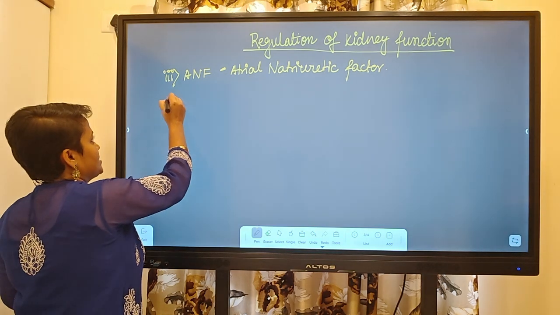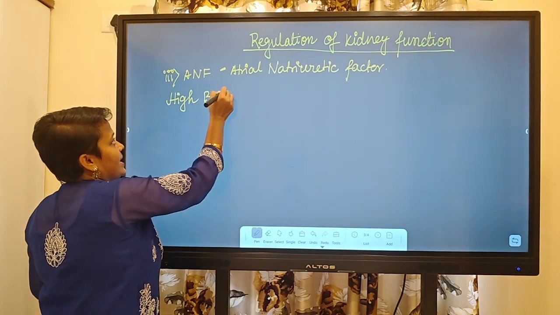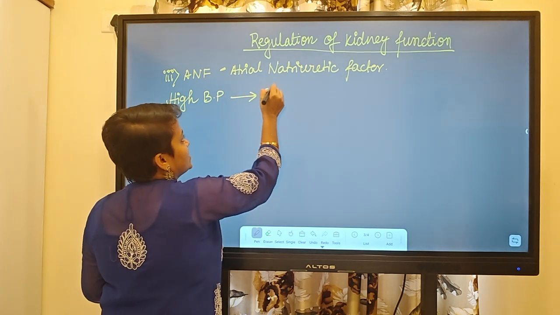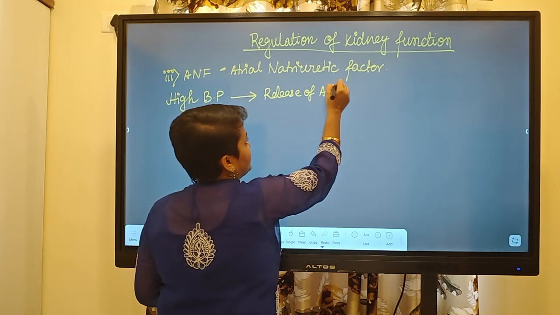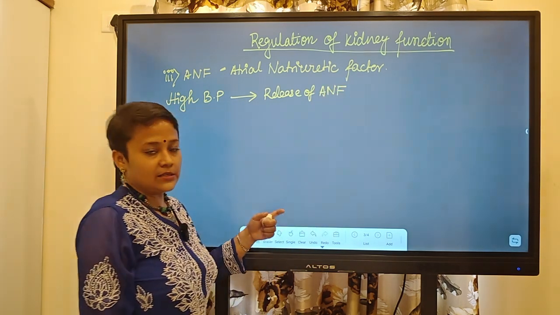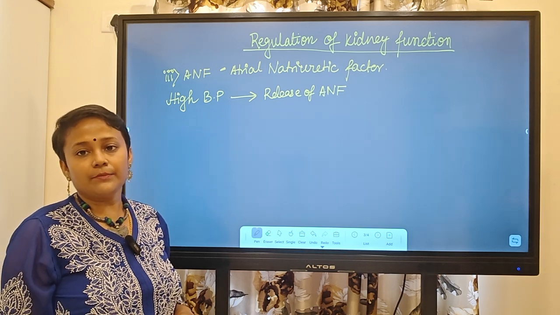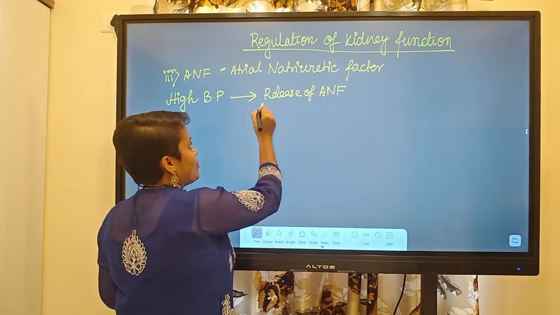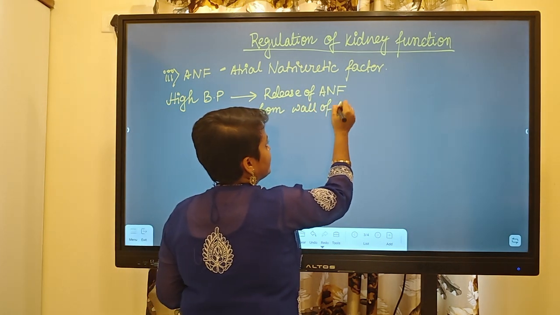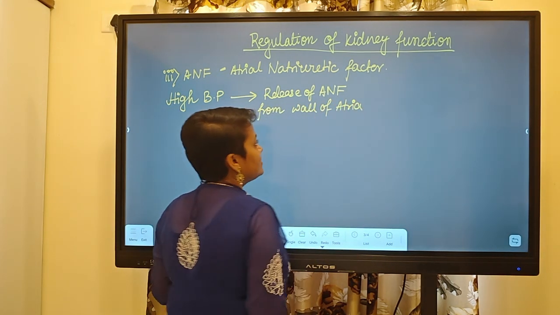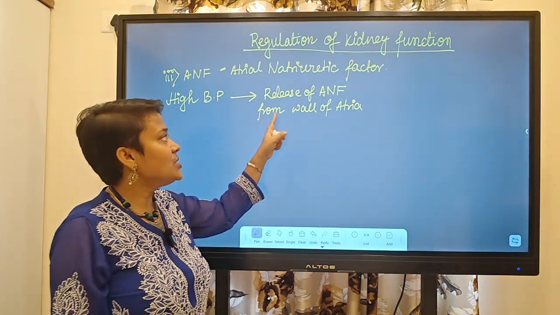So high blood pressure can lead to the release of ANF from where? From the wall of the atrial chamber of the heart. Okay. We know that in the heart there are atria and ventricles. So from the atria there will be release of ANF.